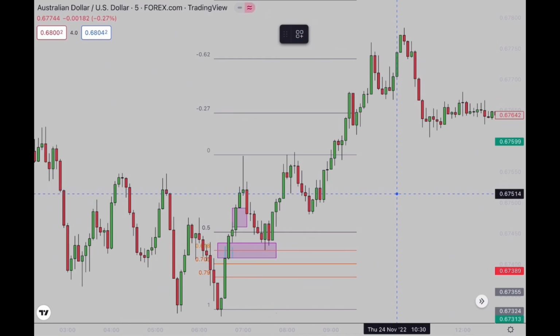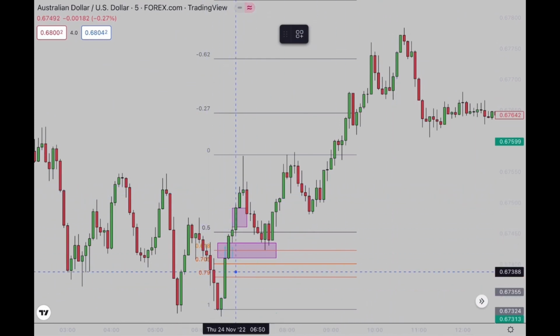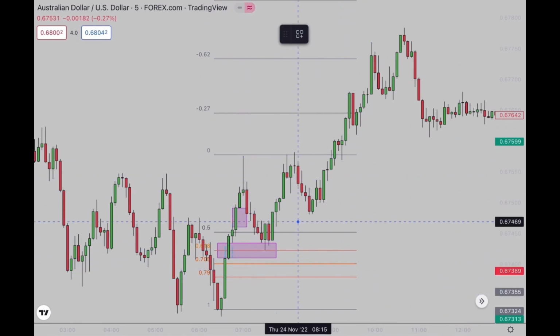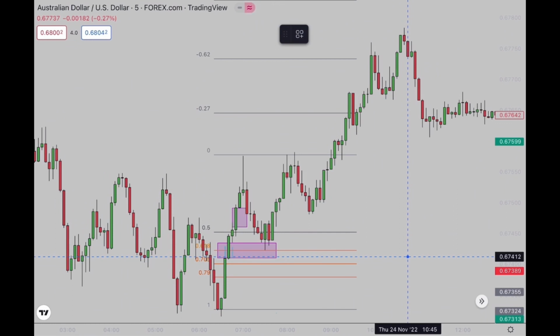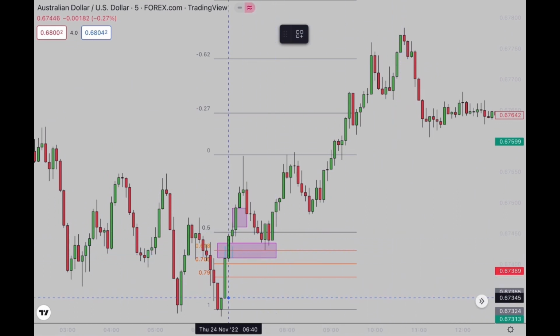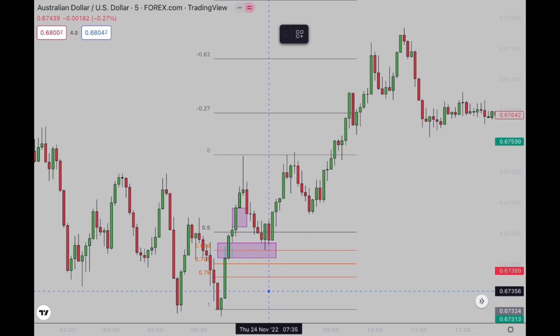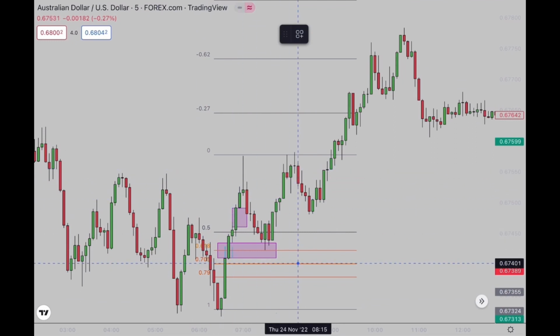It's really important: optimal trade entry only works on clean ranges. If you have a range that is really choppy, up and down all the time, it's not going to work on that because it's not clean. So only use optimal trade entry on the clean levels, clean candles.